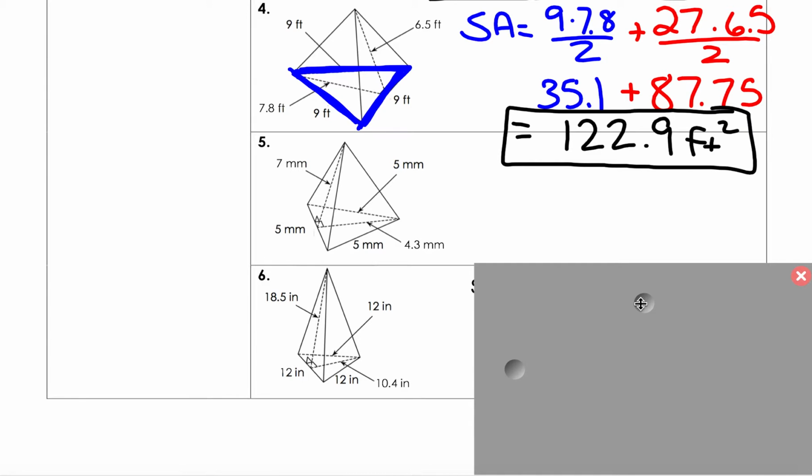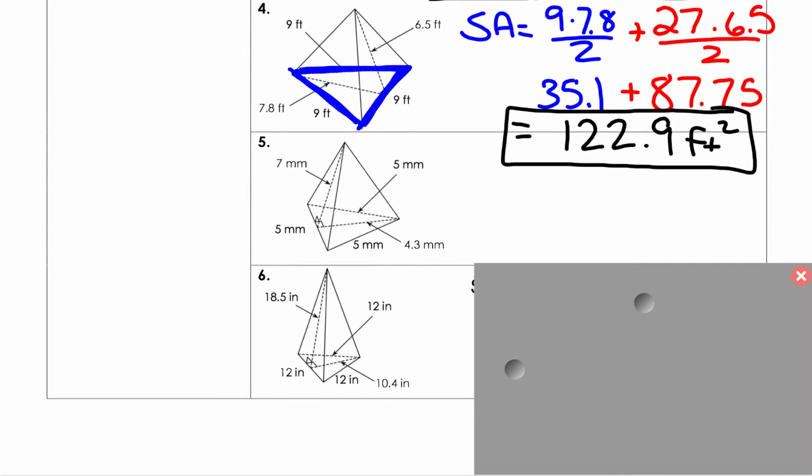In this triangular pyramid, I have all of the side lengths of this bottom triangle. I can see that this is 12, that is 12, and this is 12. Any of the other triangles on the sides, I don't have all of the side lengths, so they are not going to be my base. So I'm going to use this bottom one as my base.